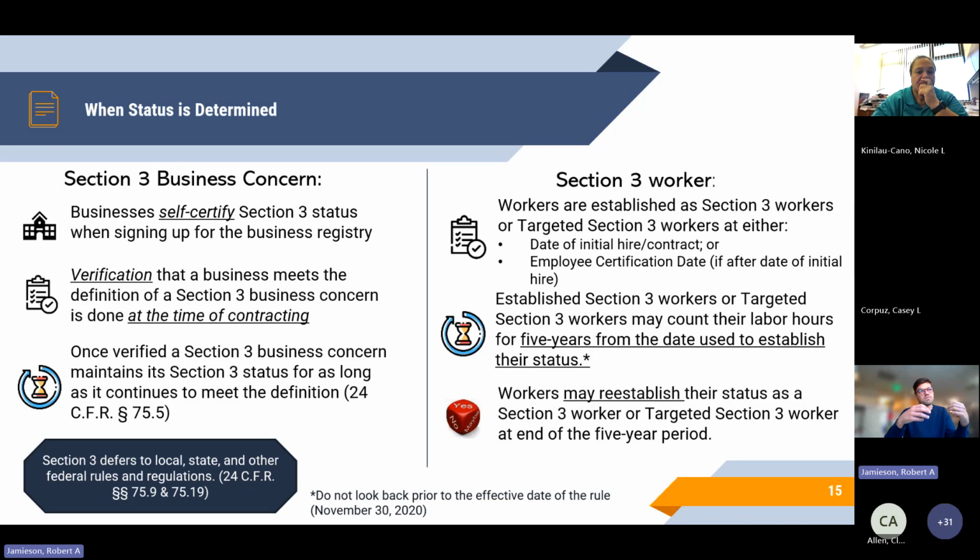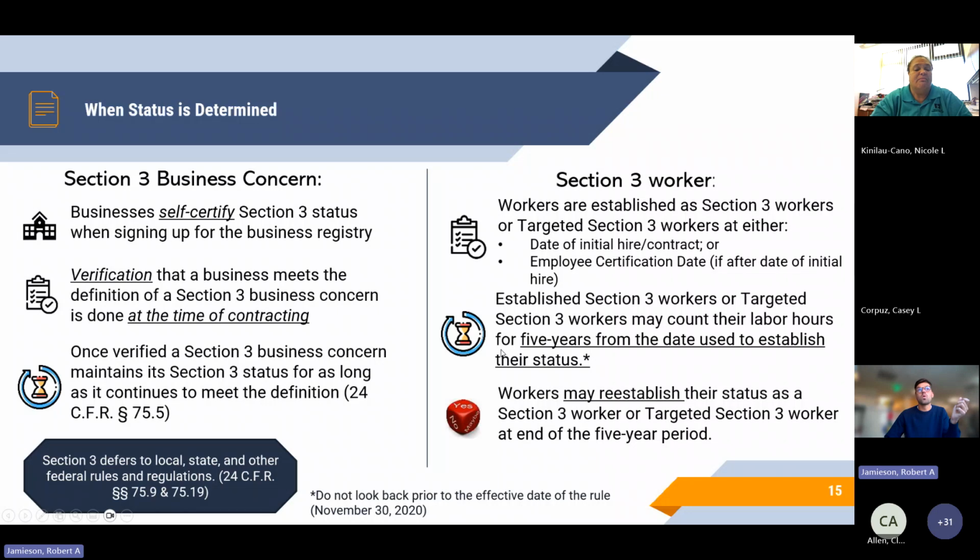If they had that record keeping back in February, they'll need to redo that at the time of the contract being awarded. But once that is verified, they maintain that status pretty much as long as they meet the definition, or pretty much the life cycle of the project.